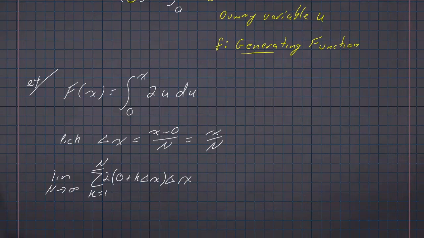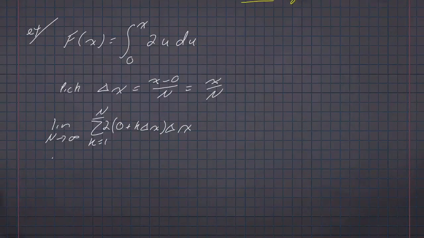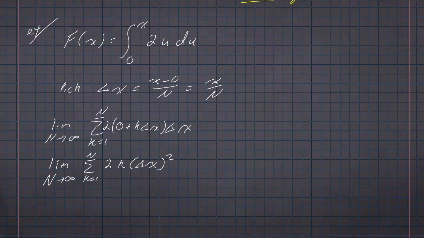I said 2 and didn't write it down, sorry about that. 2 times u, which is 0 plus our k delta x. And so simplify. Two times 0 plus k delta x times delta x is going to be 2k delta x squared. And of course, delta x is x over n.